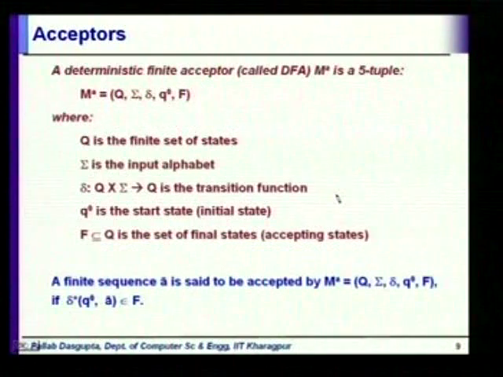Right now, let us come to the definition of acceptor. So far we have just talked about state machines. We haven't talked about goal states. We have not talked about states which are accepting states of the automata. Now, finite automata are also widely used as acceptors.